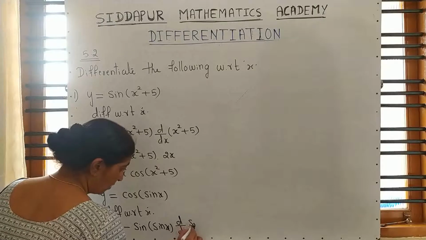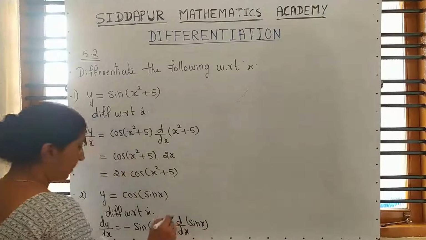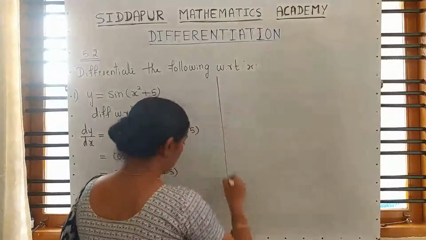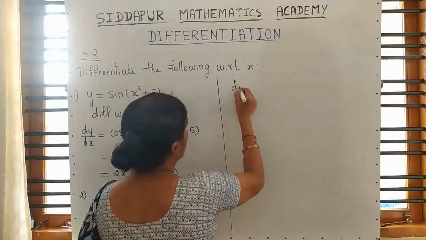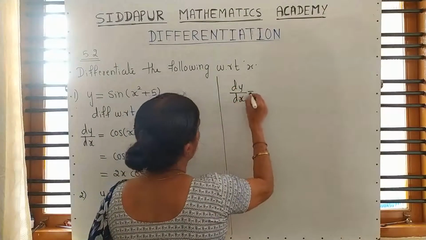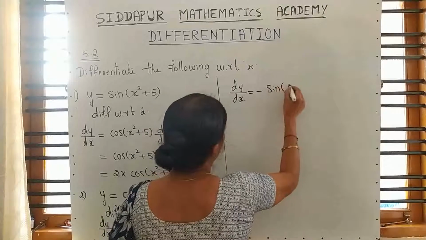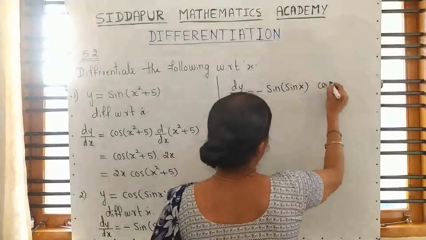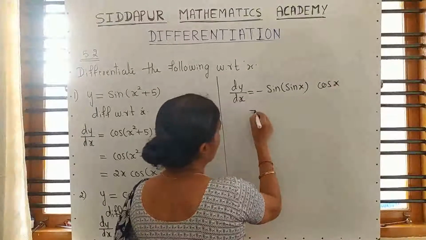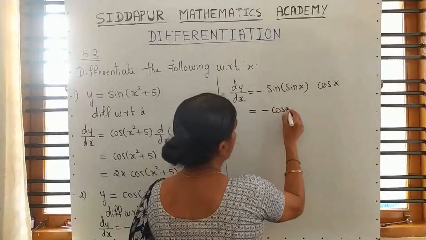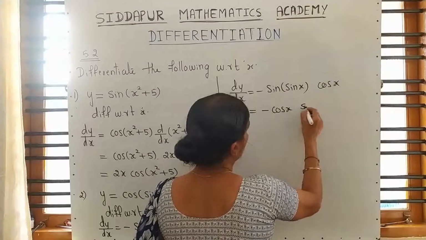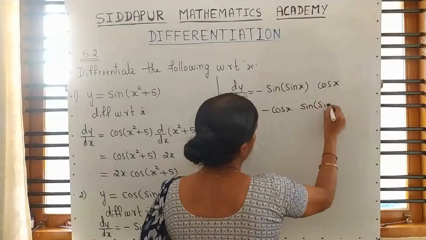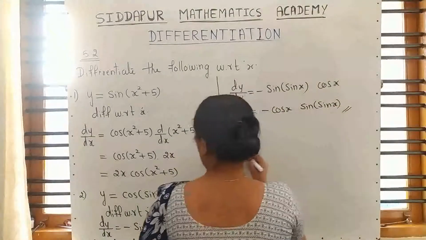Angle is what? Sin x. So what is your answer then? Dy upon dx is equal to minus sin of sin x into differentiation of sin x, which is cos x. If you want, you can stop it here or you can write like this. Don't mix these two: sin of sin x.